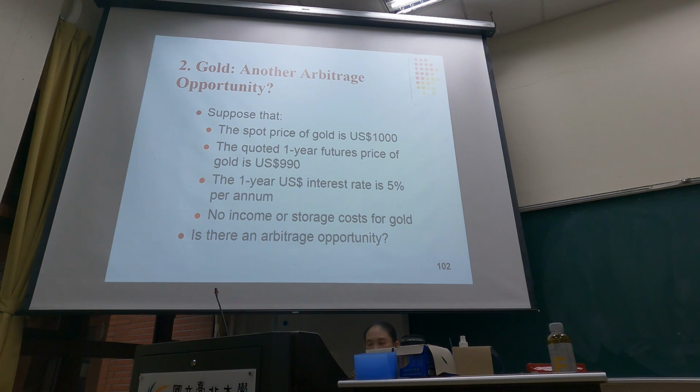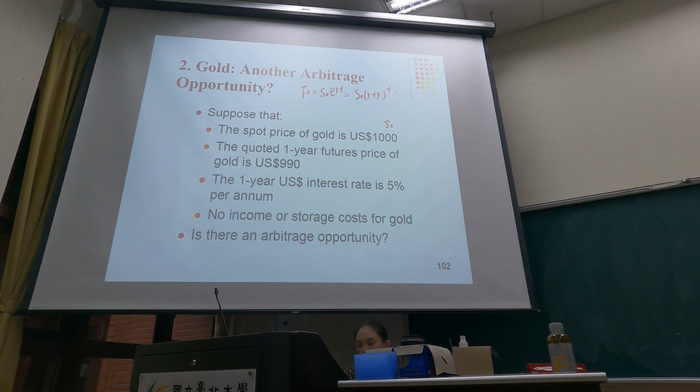Suppose that the spot price of gold is US$1000, that's the S0, right? We can use F0 equals S0 e^(RT) or S0 (1 + R)^T. Okay, and then the quoted 1 year futures price, that's the market.